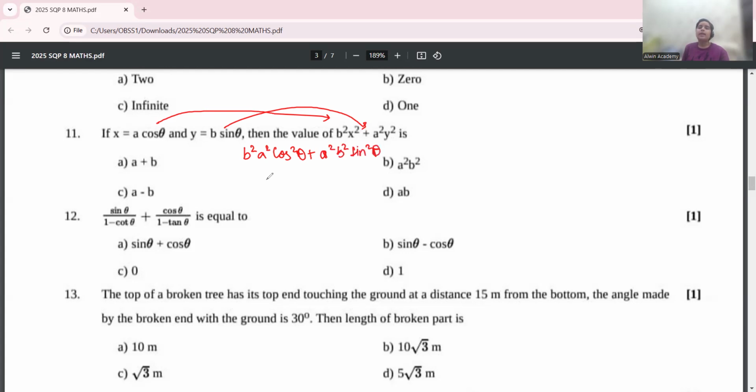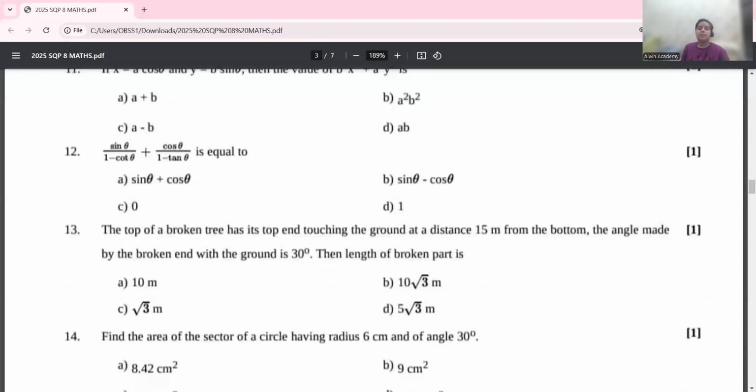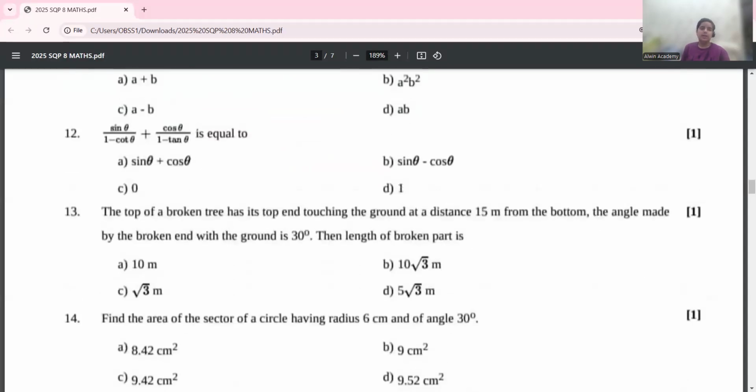Now I can take a square, b square as common. Inside the bracket, we'll be left with cos square theta plus sine square theta. Cos square theta plus sine square theta is 1. So it's a square, b square times 1, or a square, b square only. Option number B.